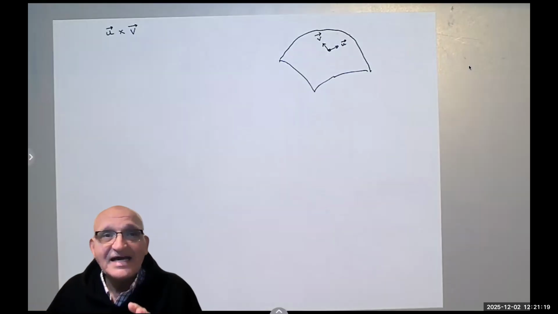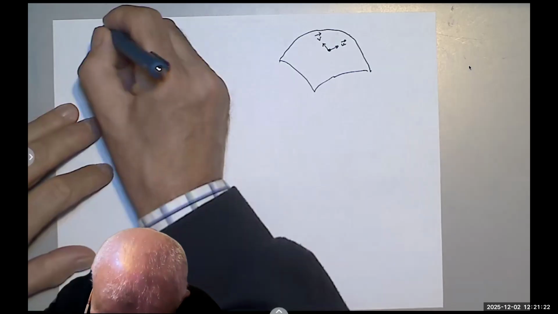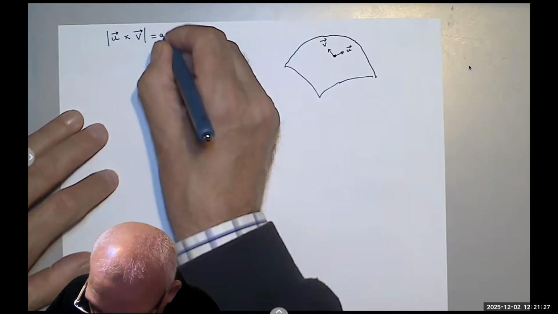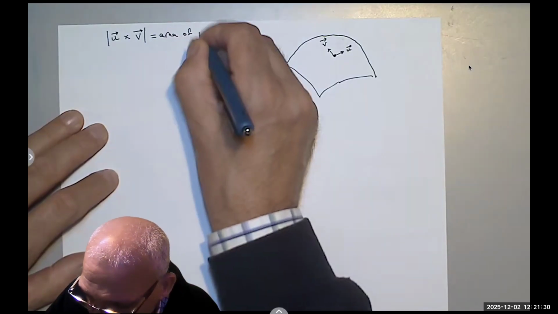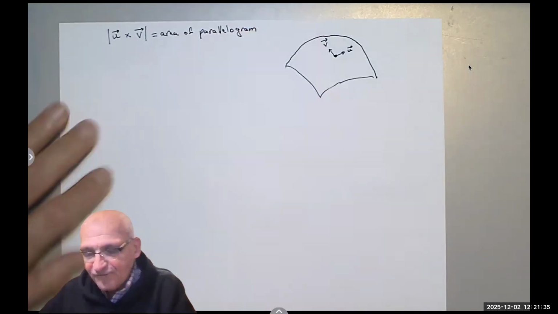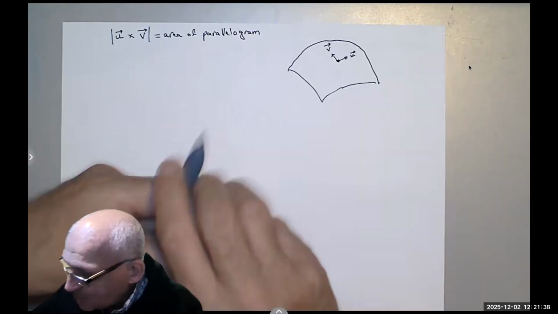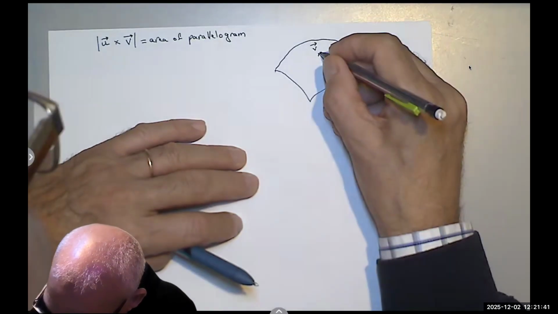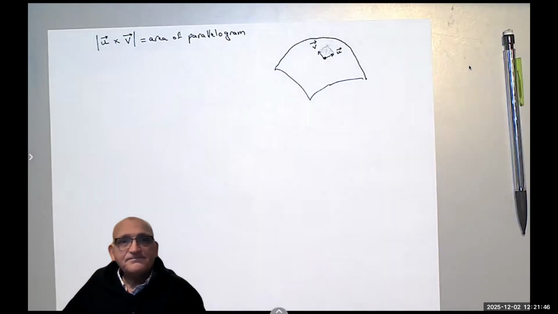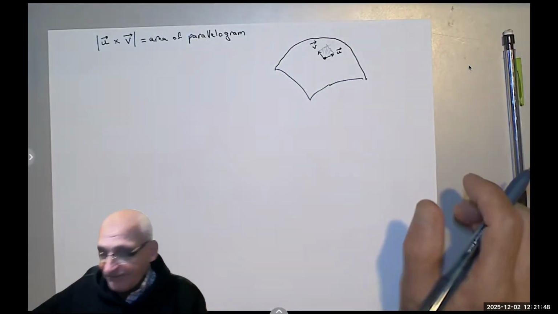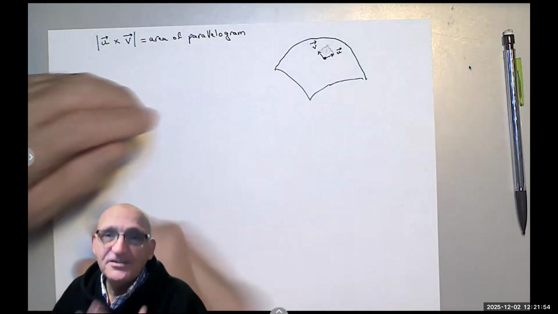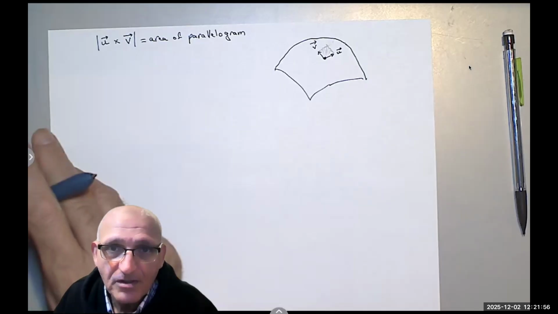The big issue is that the magnitude of u cross v equals the area of the parallelogram formed by crossing u and v. So if I draw a line parallel to u, a line parallel to v, it gives me this area. Meaning, if I take the integral of the whole thing and then multiply it by f, it will give me the surface integral I'm looking for.